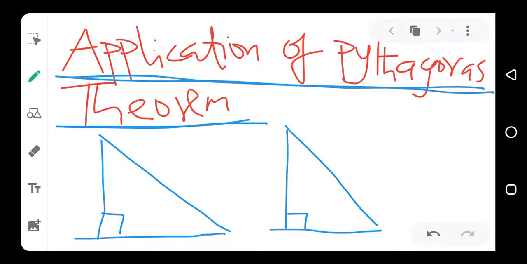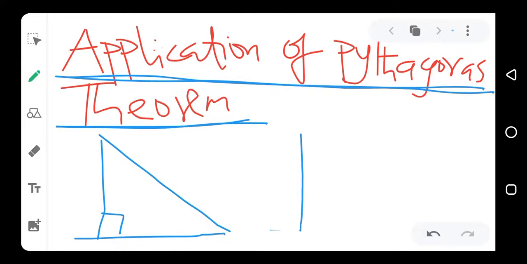Now, take for instance, assuming that this is your house, somebody is on top of your roof, and the person throws a rope, then the rope will fall like this, down.